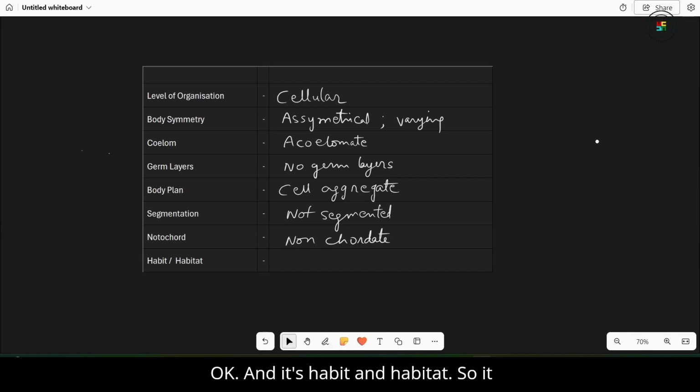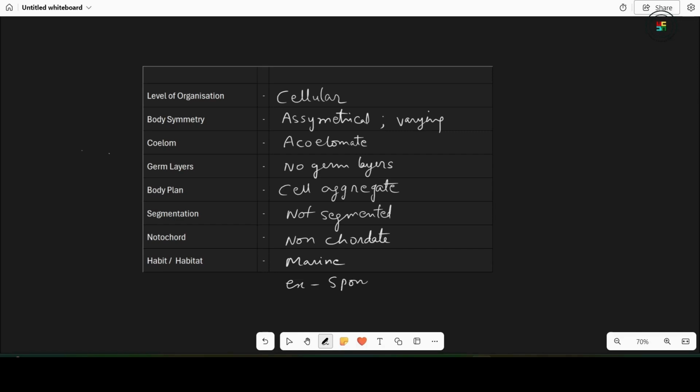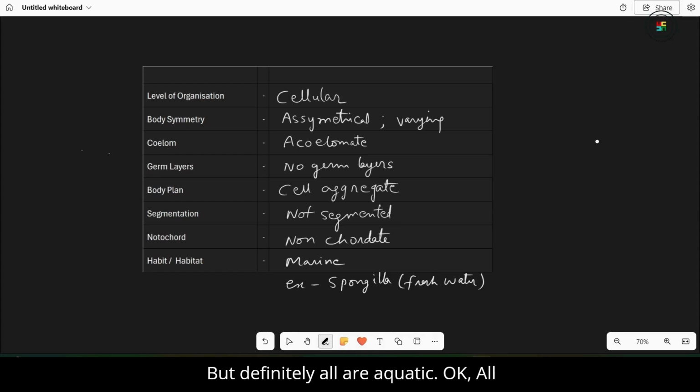Okay, and its habit and habitat: it is marine, though an exception is Spongilla, which is freshwater, but definitely all are aquatic. Okay, and it is sessile, so it does not move.